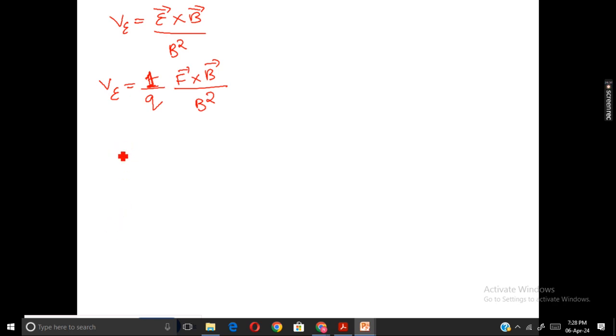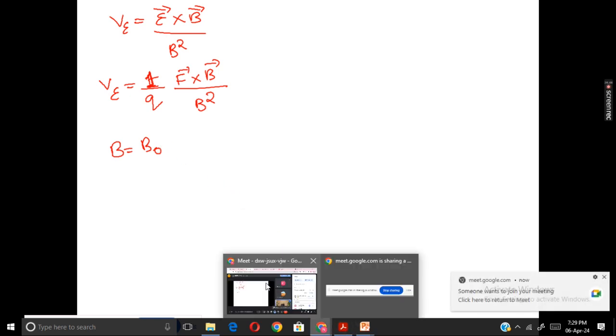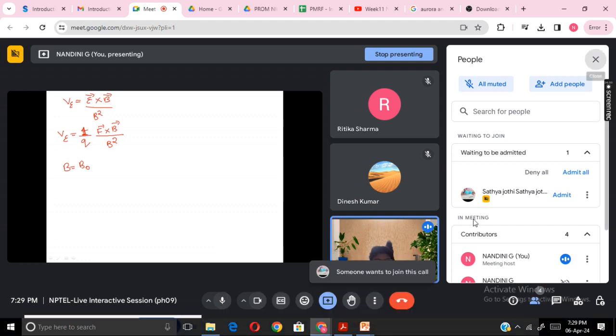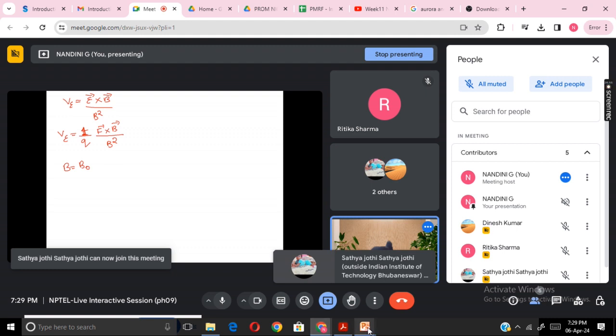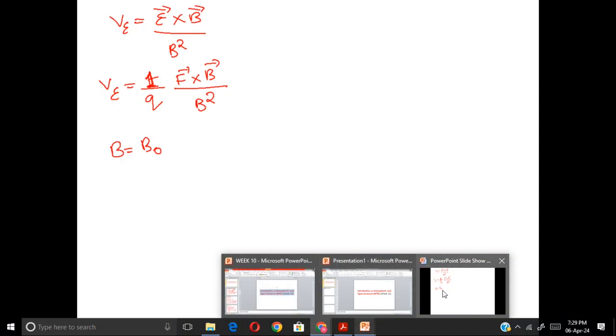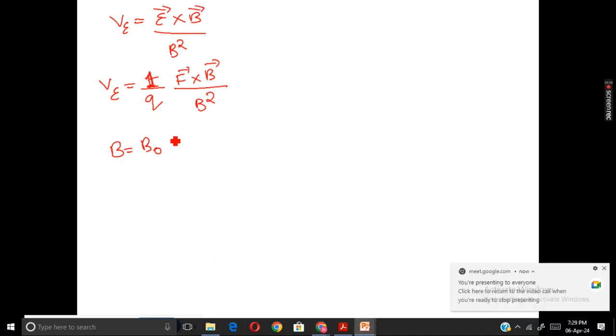Now, as the magnetic field is changing with respect to y, if we write the change in magnetic field, where B0 is the initial magnetic field, or the magnetic field at point y equal to 0, we can expand the equation in terms of a Taylor series.